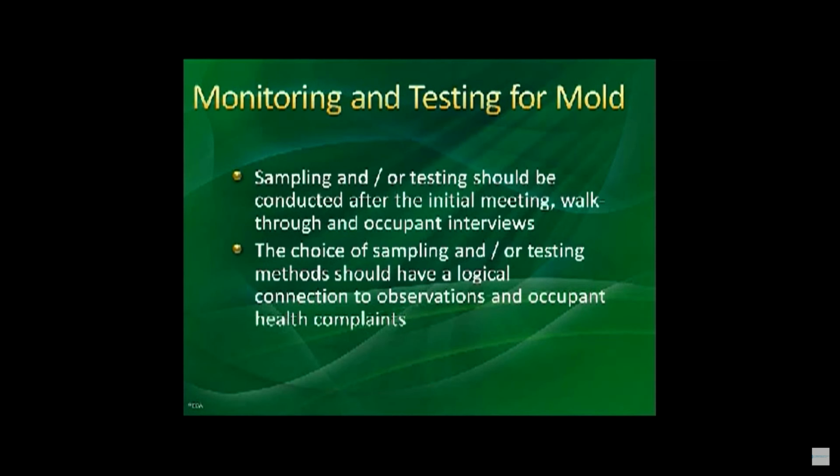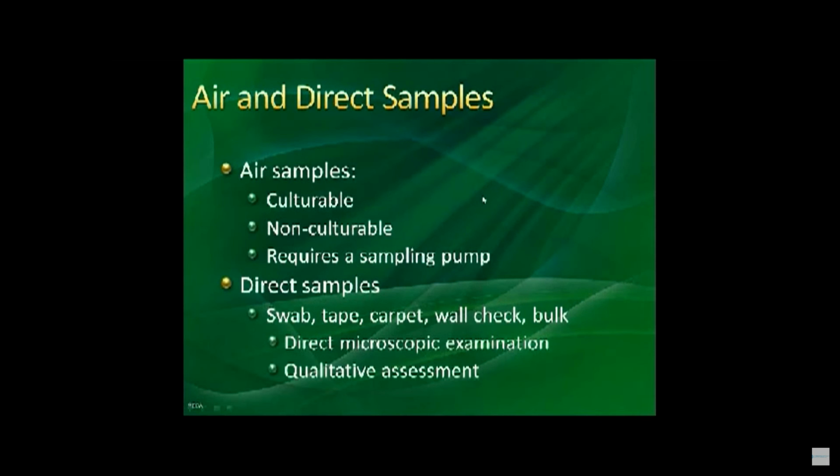There are air and direct samples. As you can see on the slide, there are many types of air samples. It could be culturable or viable, or non-viable or non-culturable. Either of those methods for air sampling, you have to have a pump. Direct samples are numerous: swabs, tapes, carpet checks, wall checks, bulk sampling, but those require direct examination by the lab.